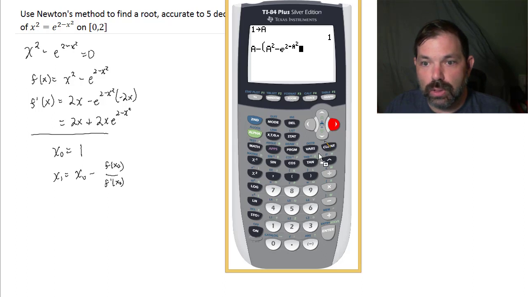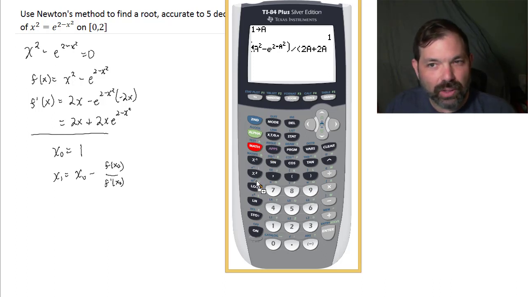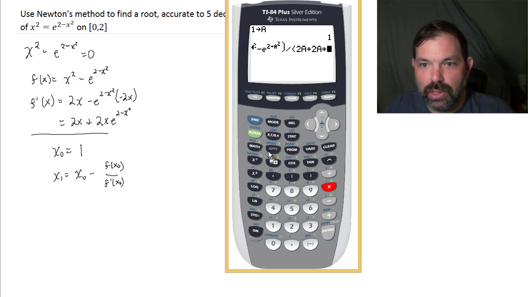So the exponential is closed, close the numerator, divide that by parentheses 2 alpha a plus 2 alpha a, and we might need a multiplication here. I'm not sure. Let's try it without. On some calculators you might need a multiplication here. So I'm going to go ahead and put the multiplication in there.